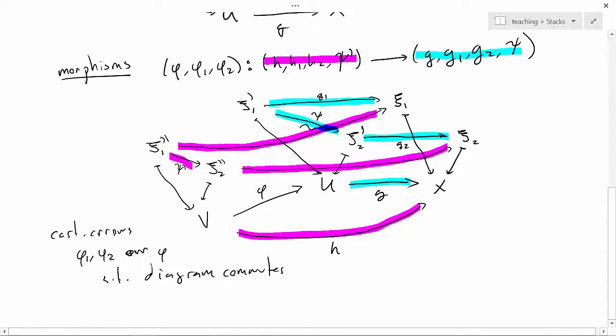So I'm going to need an arrow between the sources, phi1, and arrows between the sources, phi2, which lie over my phi, such that the diagram commutes. So, call these things the yellow map. This is that map right there.